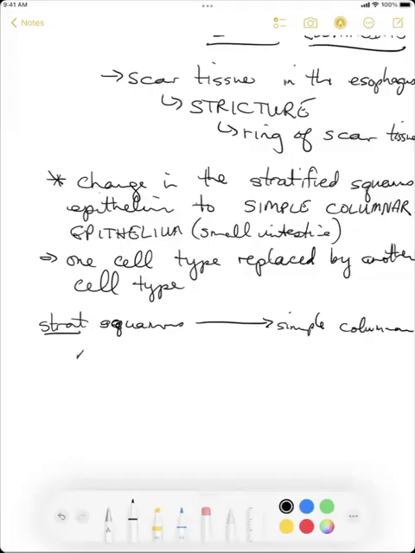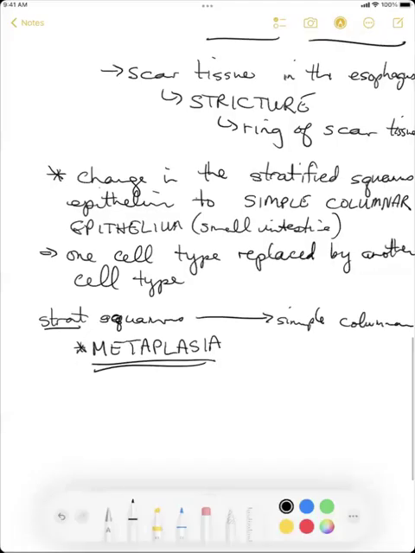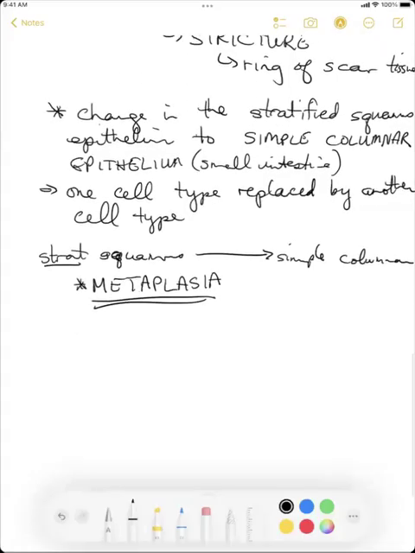This process is referred to as metaplasia. And in people who have long-standing gastroesophageal reflux disease that has not been treated, they tend to get a metaplastic change in the lining of their esophagus. And this metaplastic change is called Barrett esophagus.